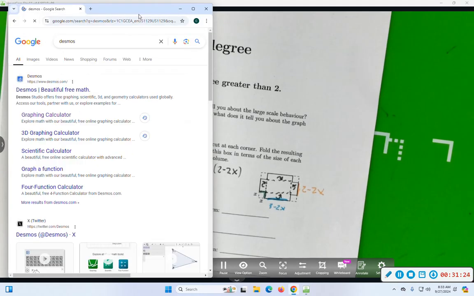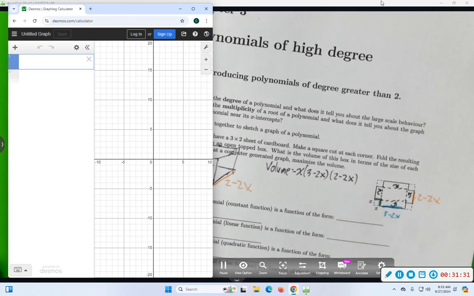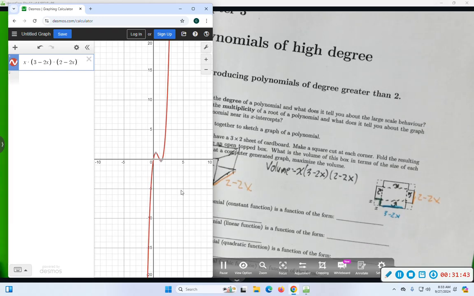So let's pull up that graph. X times 3 minus 2x times 2 minus 2x. If you have your own graphing calculator, you can do this along with me. All right, there's the graph. And I see some weirdness going on.